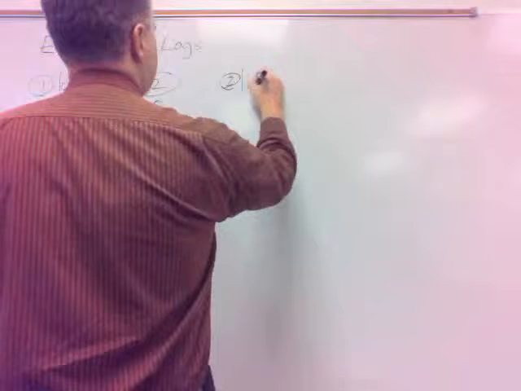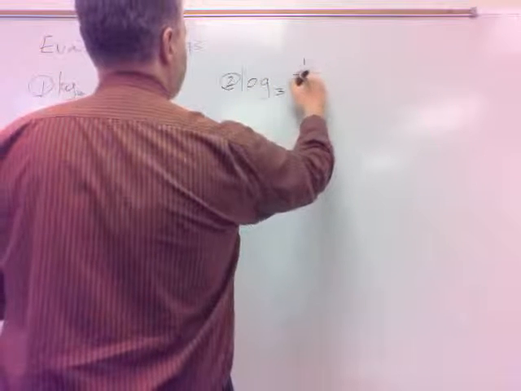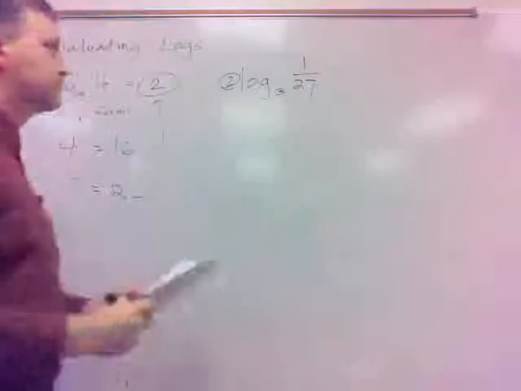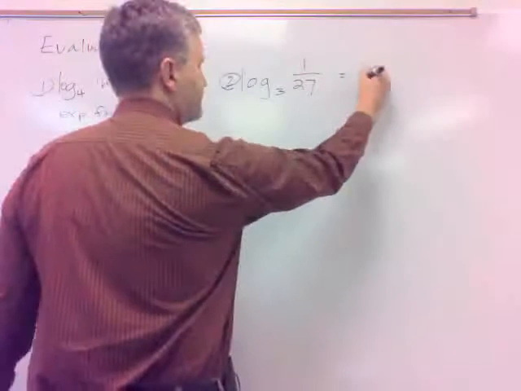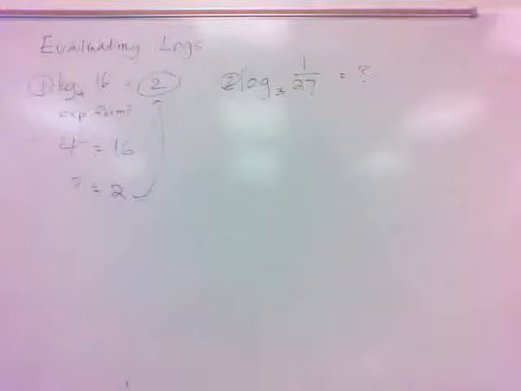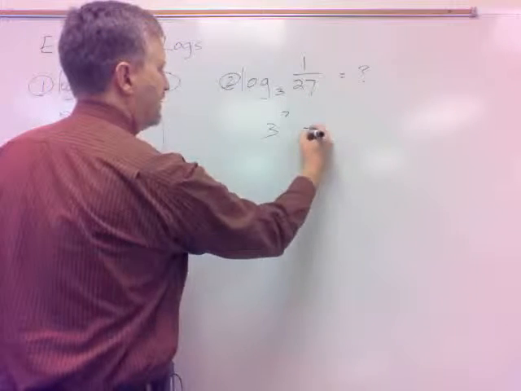Second one. Log base 3 of 1/27. We had a similar one a while ago. Well, again, this is something. What does it mean? Well, in exponential form, it means 3 to the power of what equals 1/27.